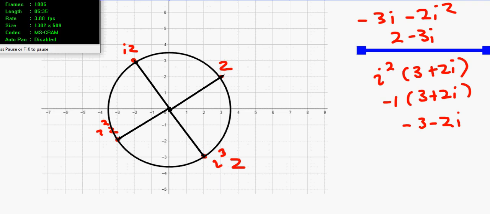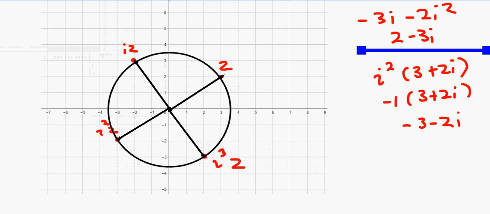Now guys, the effect of multiplying a complex number by i is a 90-degree anti-clockwise rotation. So 90 degrees anti-clockwise rotation, alright?